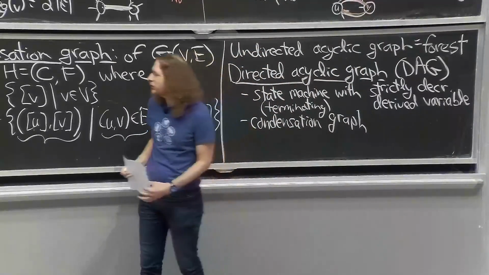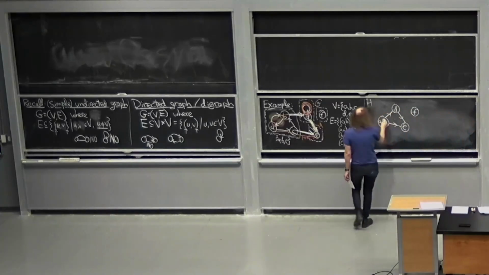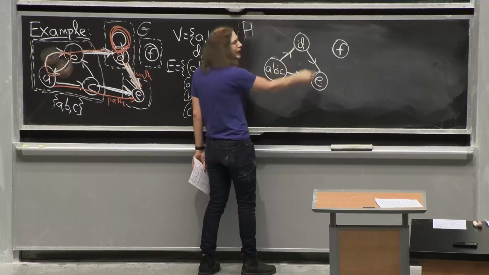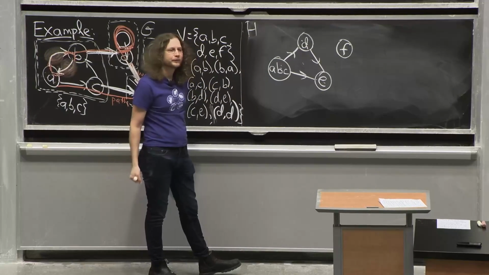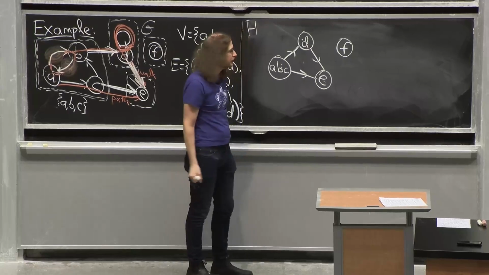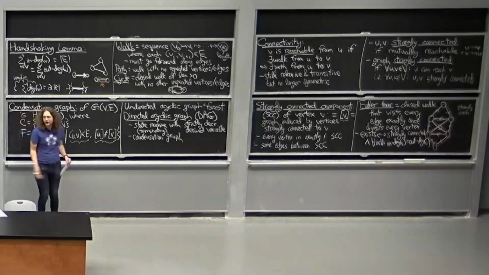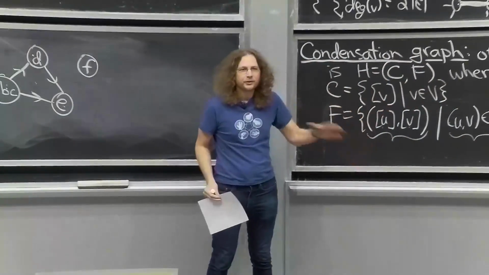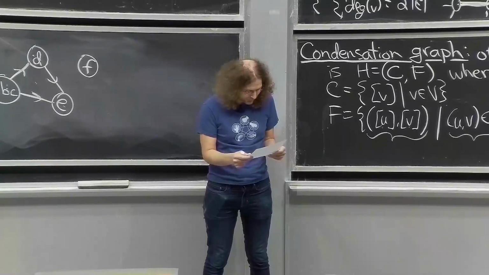The condensation graph is also always acyclic because if there was a cycle, like if I could get from ABC to D to E back to ABC, well then these three should actually all be in one strongly connected component. So there can't be any cycles in this graph, otherwise I would have collapsed further. What makes the condensation graph interesting in some sense is that it becomes acyclic. You can track all the cycles into one vertex, or each cycle into one vertex.